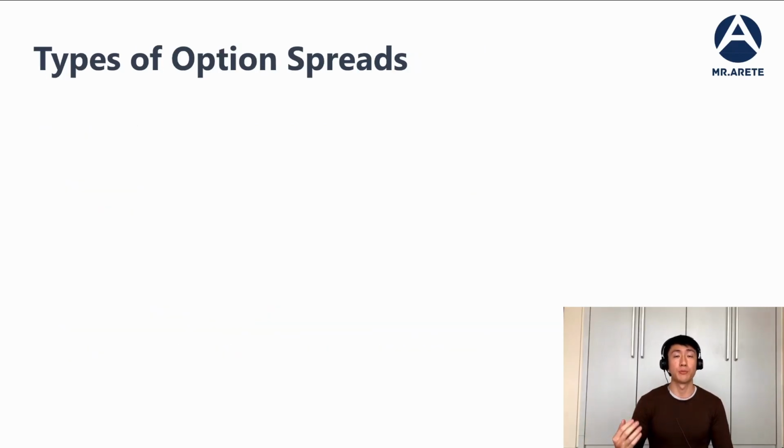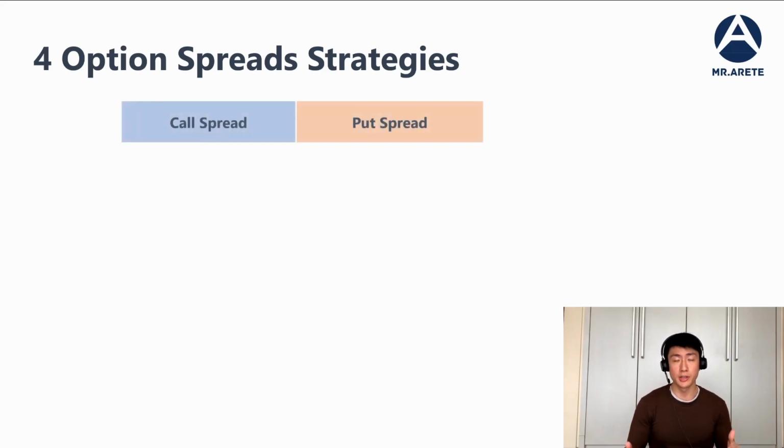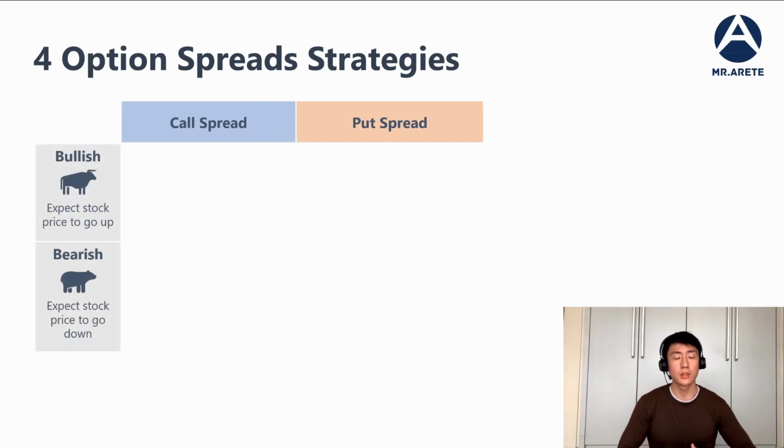On to the types of option spreads. In the options world, there are mainly four different spread strategies, and I'll be going through them with you in general now. Recall there's a call spread and a put spread. Generally in the markets, when the market is bullish, it just means that people expect the stock price to go up. And when people say that things are bearish, it just means that they expect the stock prices to go down.